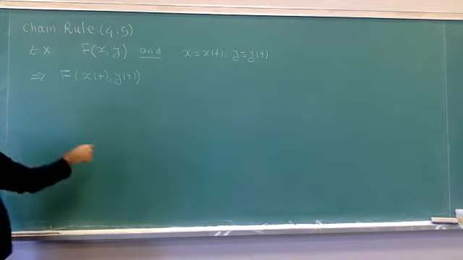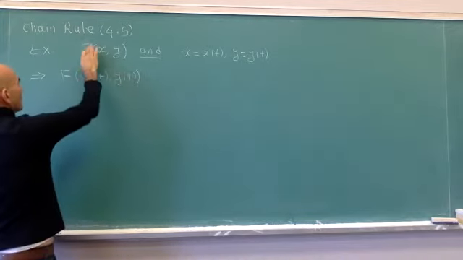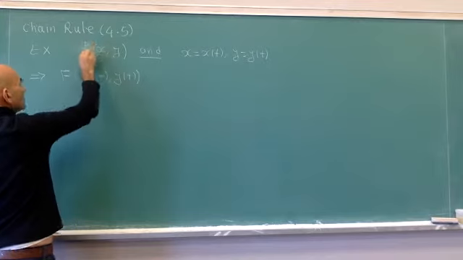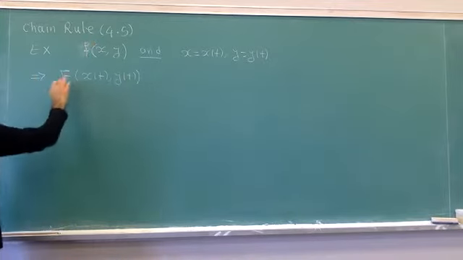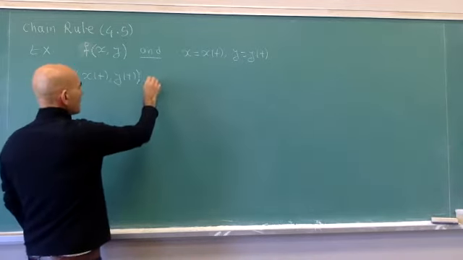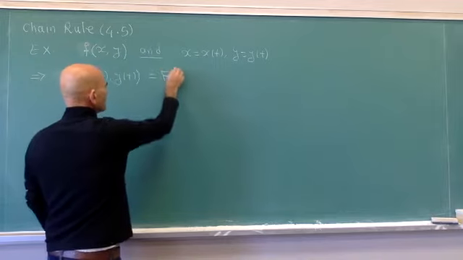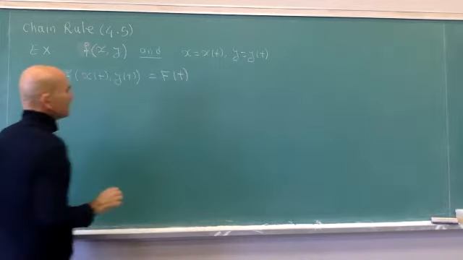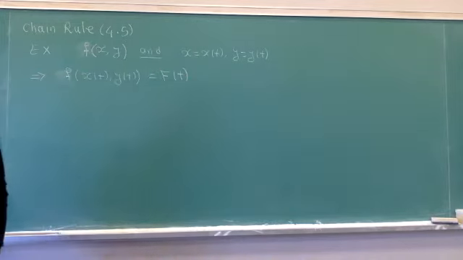So let's call this function, actually I want to call this little f. I'm sorry, you have to correct your notes. This is f. So let's call this f of t.